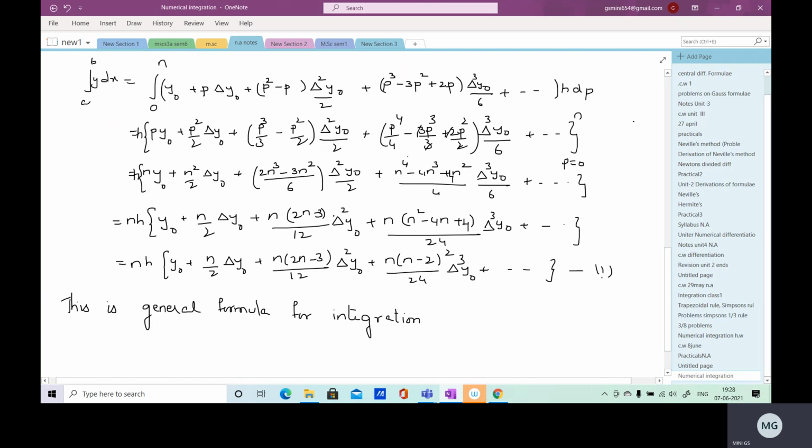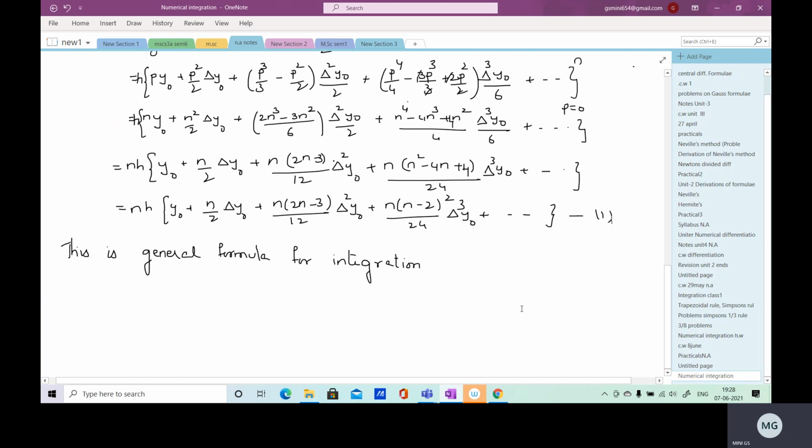Call this as 1. In this formula, we put our different values and we derive further formulae.